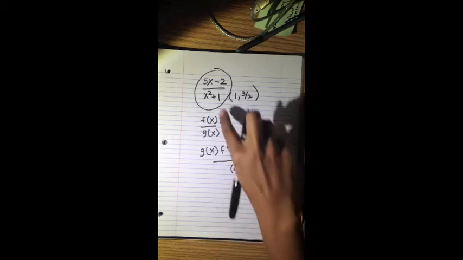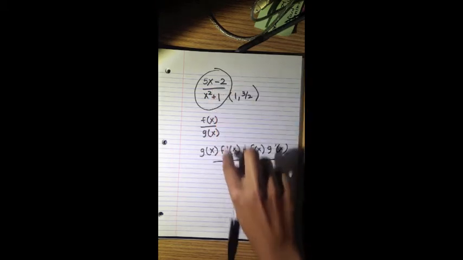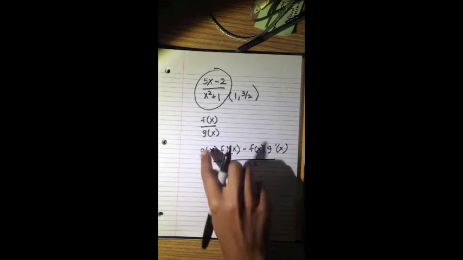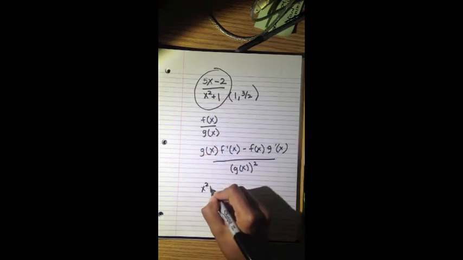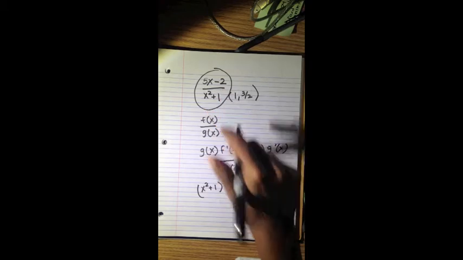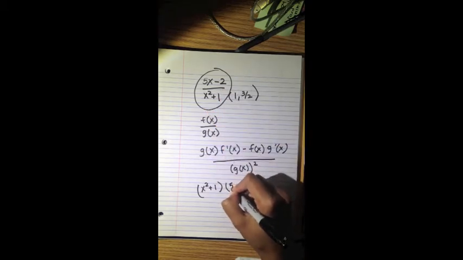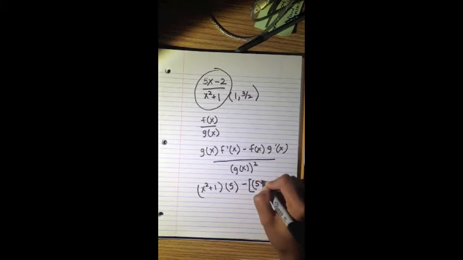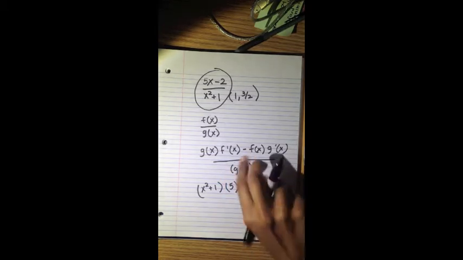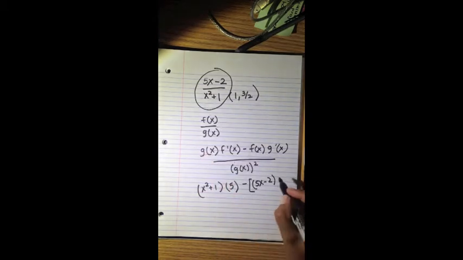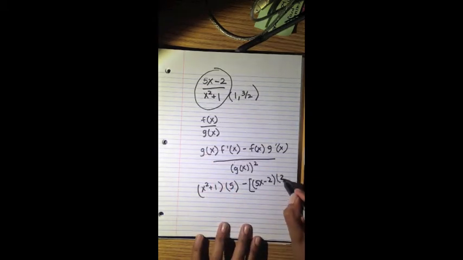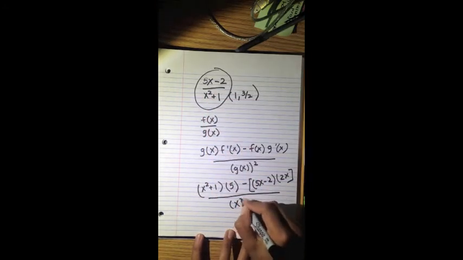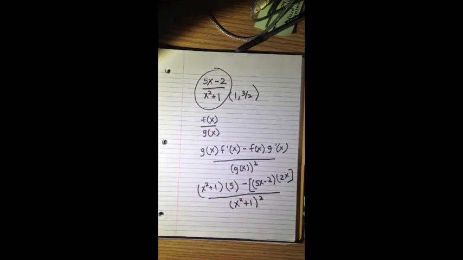So now using this, I'm going to plug in the appropriate functions. My g(x) is x^2 + 1 times the derivative of f(x), which is 5, minus f(x), so that's 5x - 2, times the derivative of g(x), which is 2x, all over g(x) squared, so (x^2 + 1)^2.